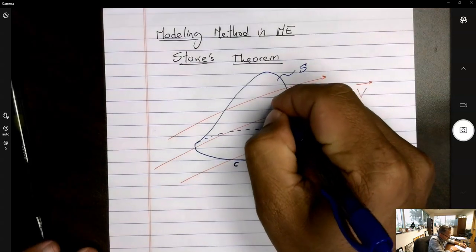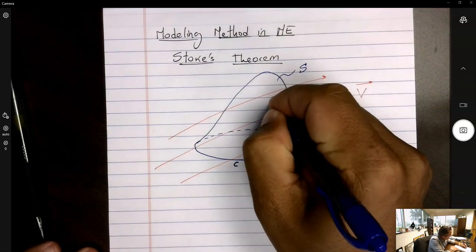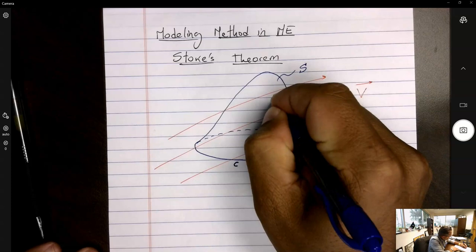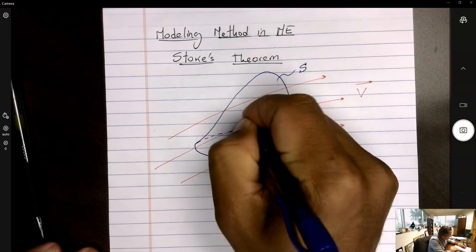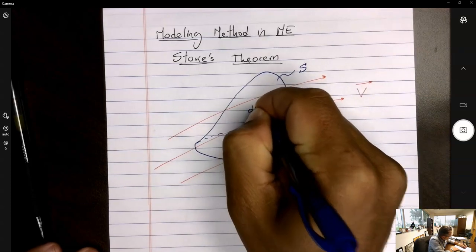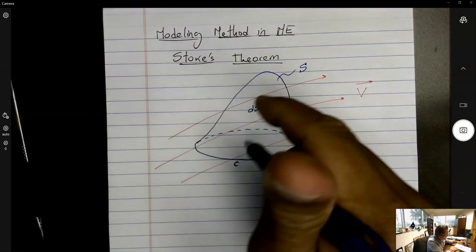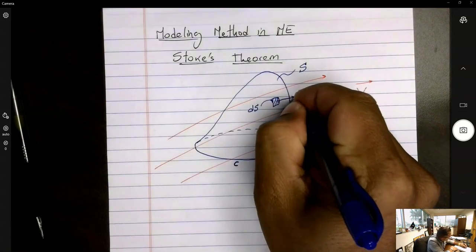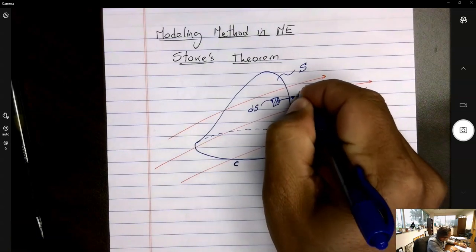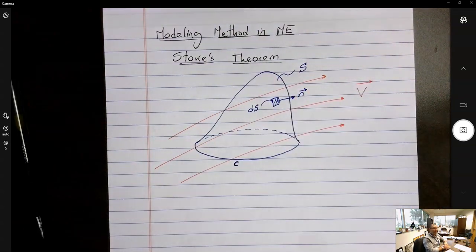And remember that we can establish a window here, which we will call differential of that surface. And then there is a normal vector to that surface that may or may not be parallel to the vector field or perpendicular to the vector field. The vector field and that normal vector are obviously independent of each other.